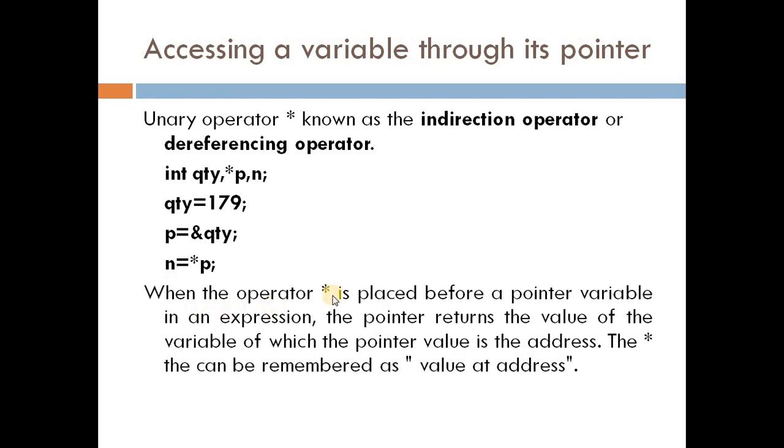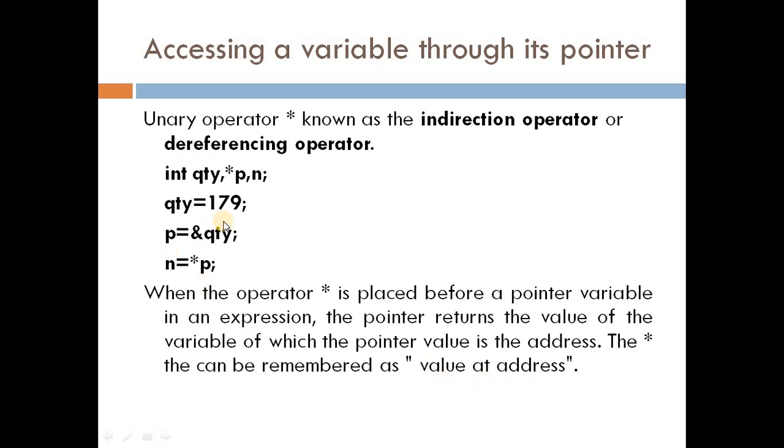When the asterisk operator is placed before a pointer variable in an expression, the pointer returns the value of the variable of which the pointer value is the address. So *p returns the value of the variable quantity because p is the address of quantity. The asterisk can be remembered as value at address.